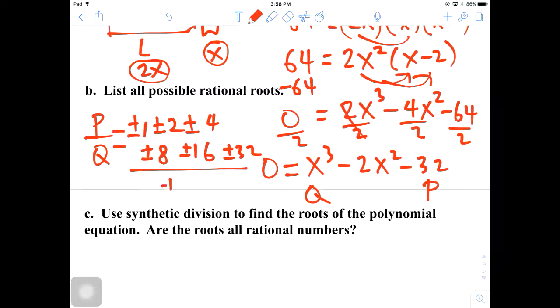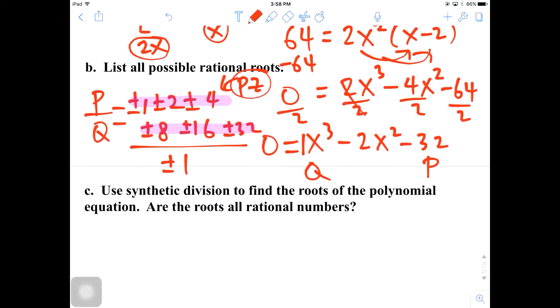Then over plus or minus, again, the coefficient for Q is 1. So if you take everything on top, divided by 1, you're going to get this list of possible zeros. So here are your possible zeros. And that answers part B.